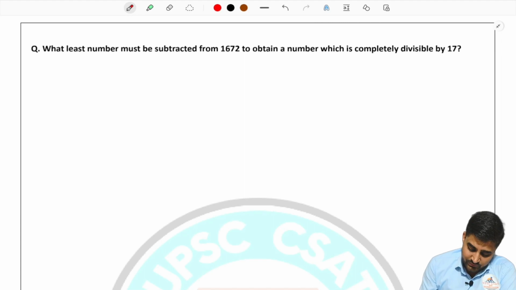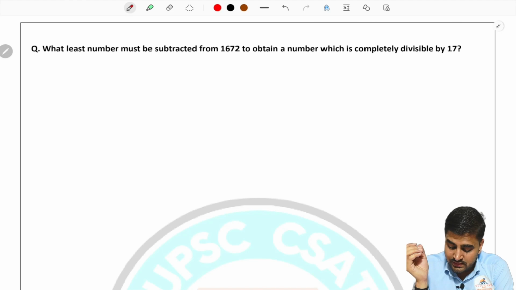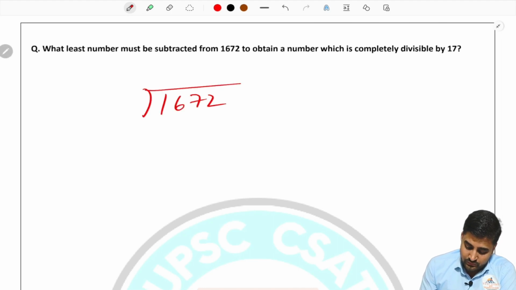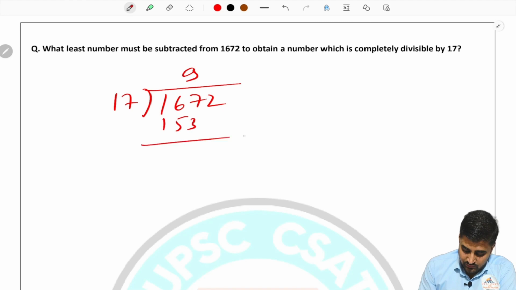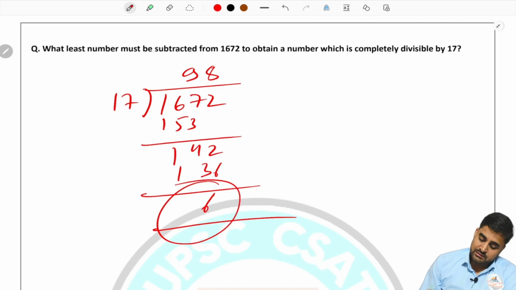Let us do that. First read the question. What least number must be subtracted from 1672 to obtain a number which is completely divisible by 17? So do the needful. 17, 3, 5, 1. Then we get 1. And 17 at the 8, so we get the number 6.